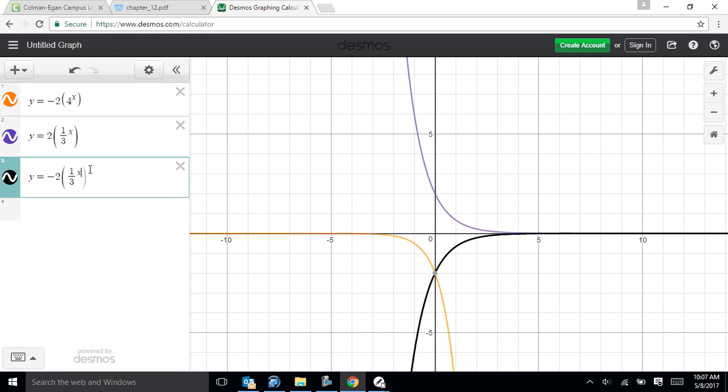With this graph, if I'm going from left to right, am I increasing or decreasing? I'm increasing this way. And then this one, is this increasing or decreasing? Decreasing. So this would be decay, that's decreasing. And then this orange line, is that one increasing or decreasing? Decreasing. So it would be negative growth.